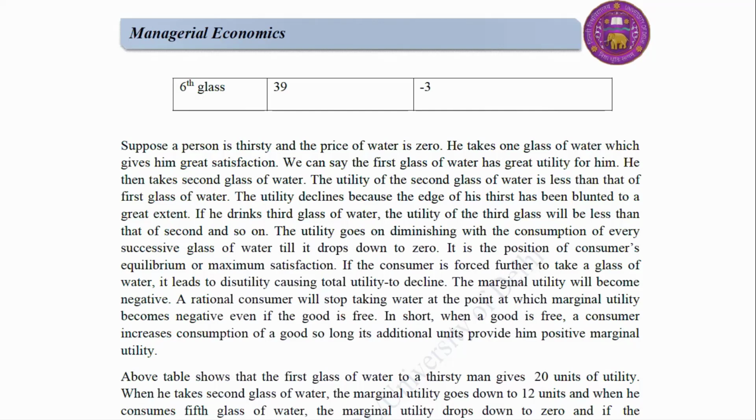The marginal utility will become negative. A rational consumer will stop taking water at the point at which marginal utility becomes negative, even if the good is free. In short, when a good is free, a consumer increases consumption of a good so long as its additional units provide him positive marginal utility.